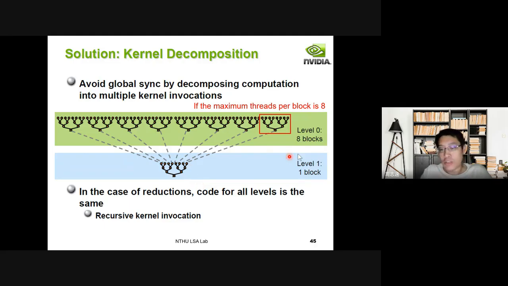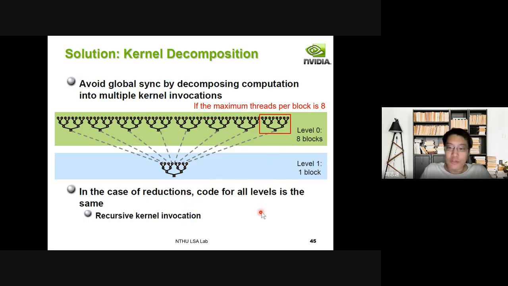Then we can launch a single kernel with a single block to do the rest of the computation. So this is what we call kernel decomposition. We launch multiple blocks along the way, making sure that within a single kernel no synchronization is needed across blocks. All right, so that is the idea.